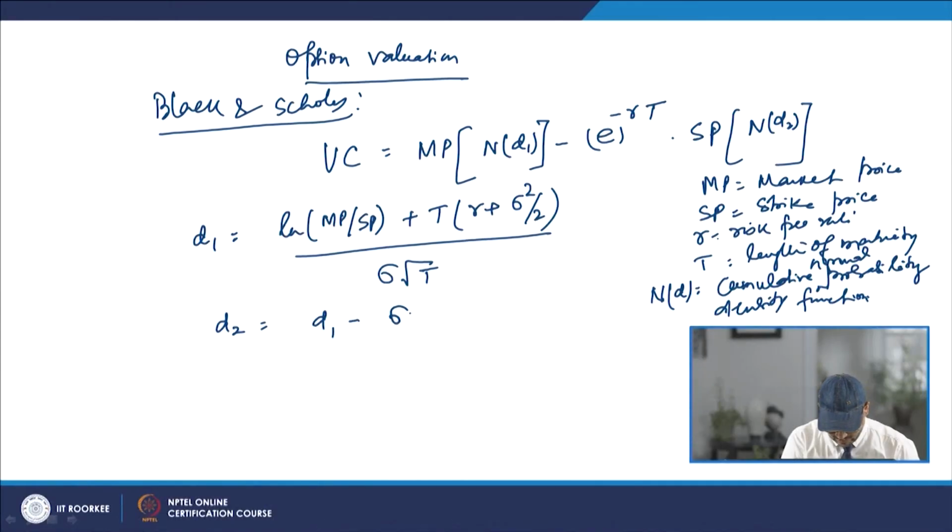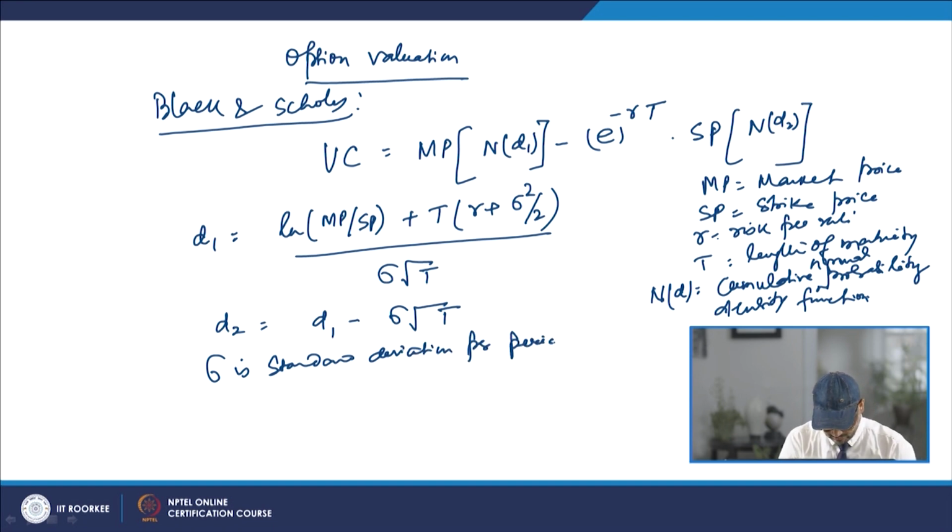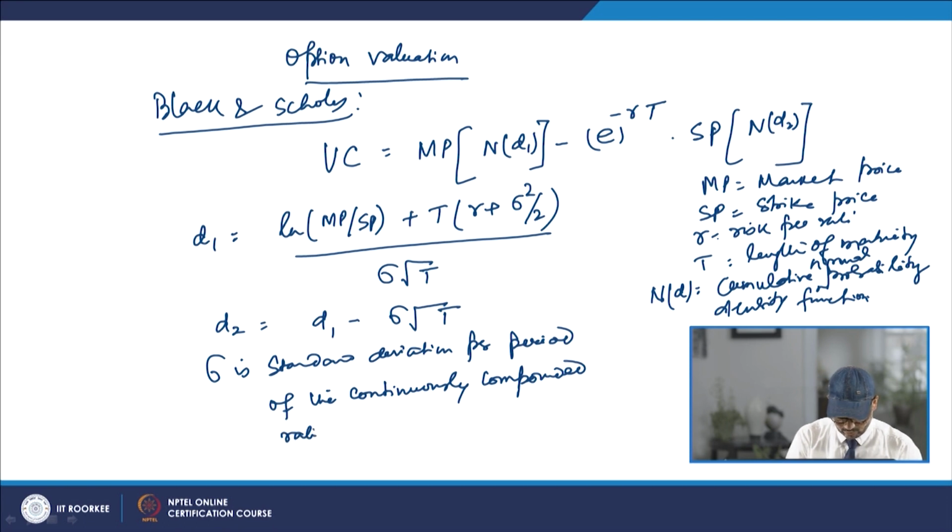Similarly we find D2: once you calculate D1, you can find D2 as D1 minus sigma root T. Sigma is the standard deviation per period of the continuously compounded rate of return on the stock.